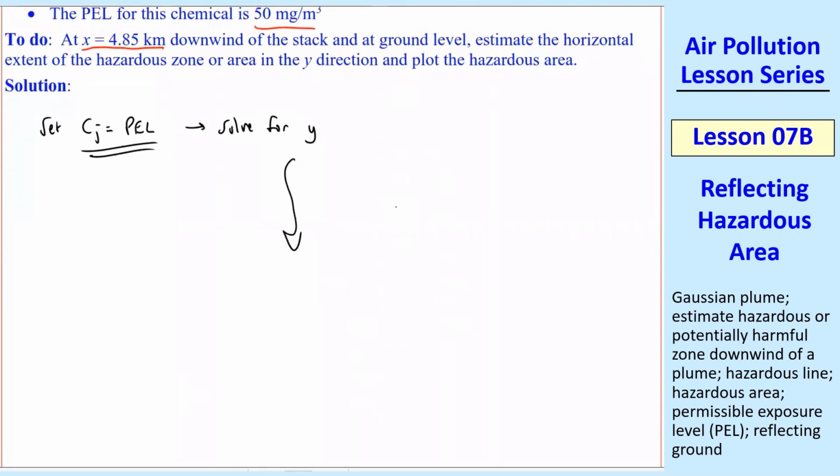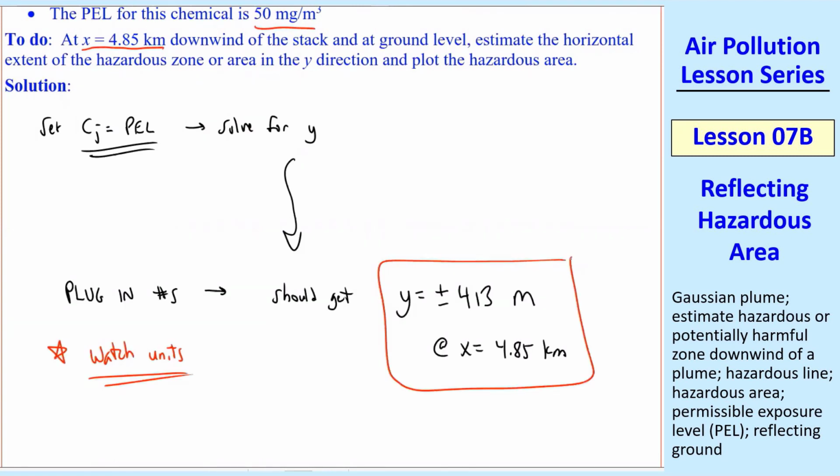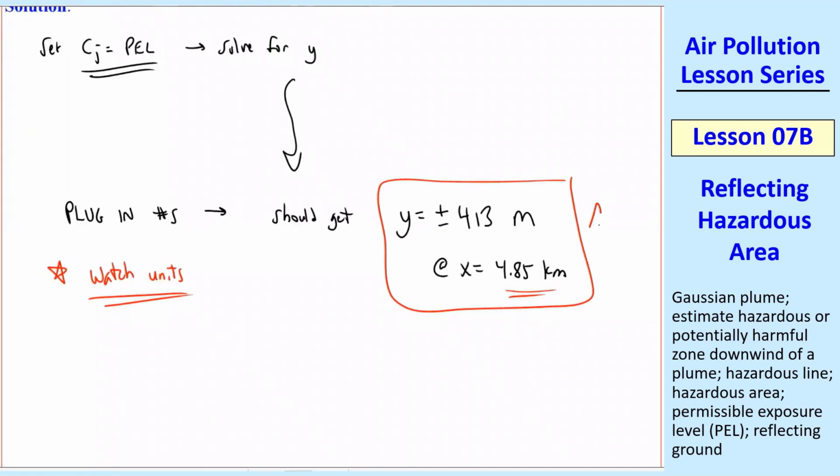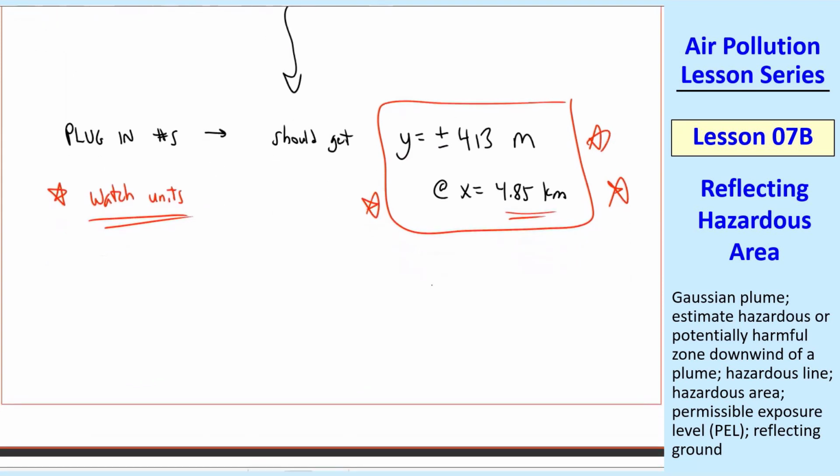So you want to do this several times. So let's plug in everything. You should get y equal plus or minus 413 meters to 3 significant digits at this x of 4.85 kilometers. Make sure you do this, get my numbers with my problem, and then you'll have different numbers but the same equation, so that your quiz should be trivial once you get this all put into your software.